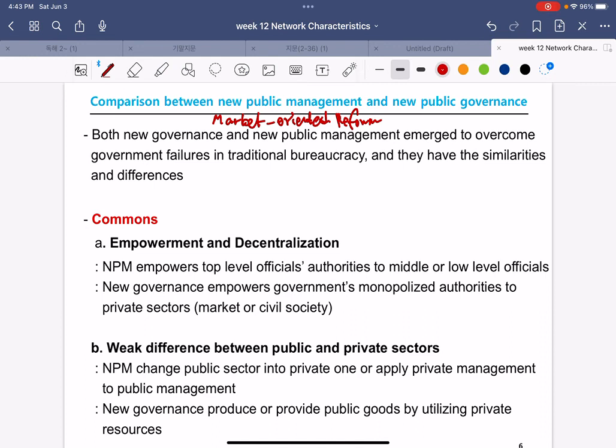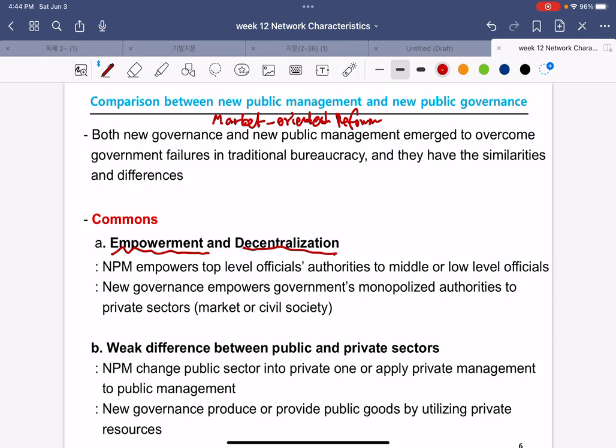New public management and new public governance have been adopted to overcome the big government, such as the welfare state. And the two approaches emphasize decentralization and empowerment. Usually the NPM emphasizes internal empowerment, but the new governance emphasizes external empowerment.